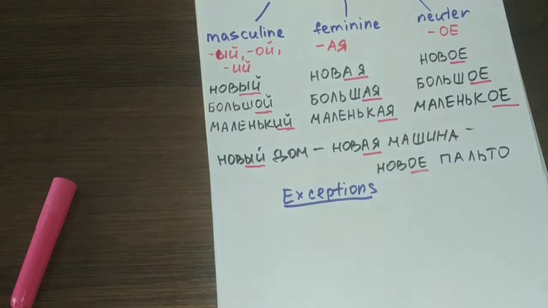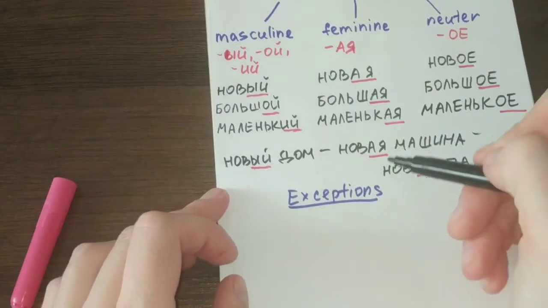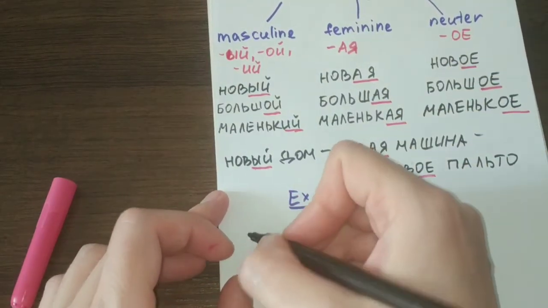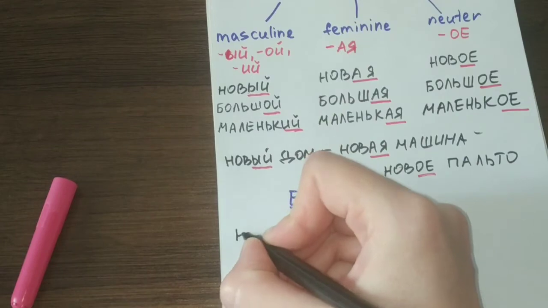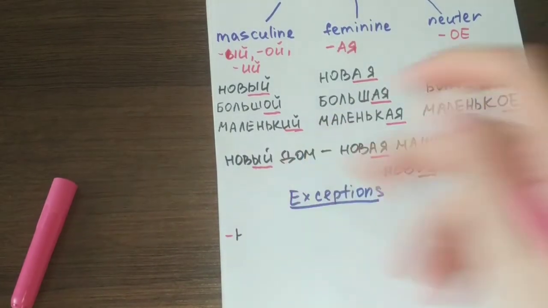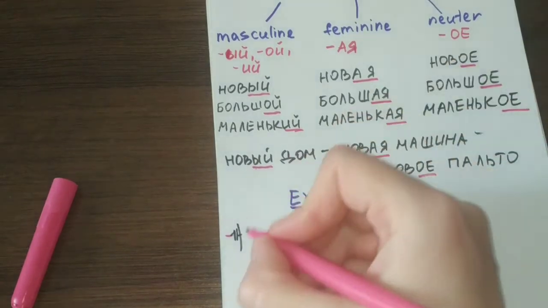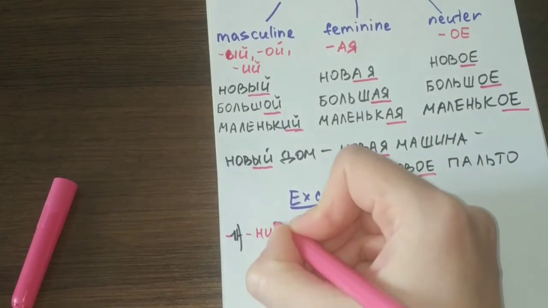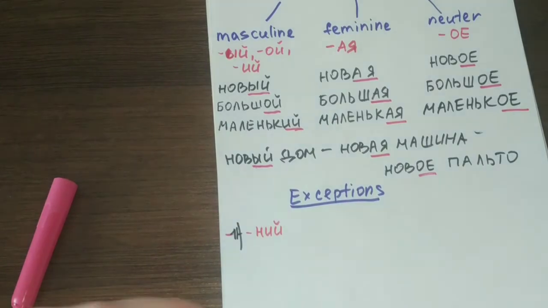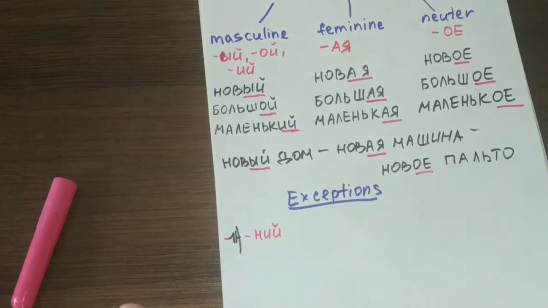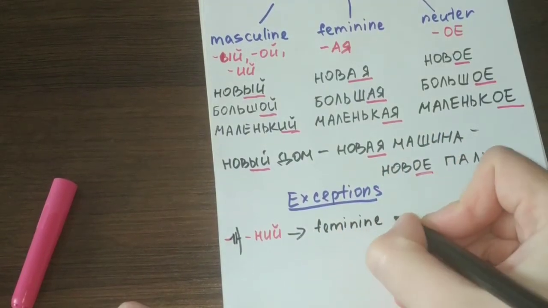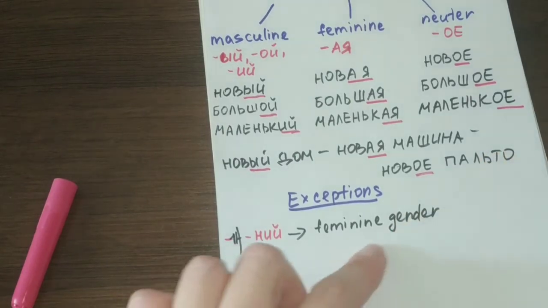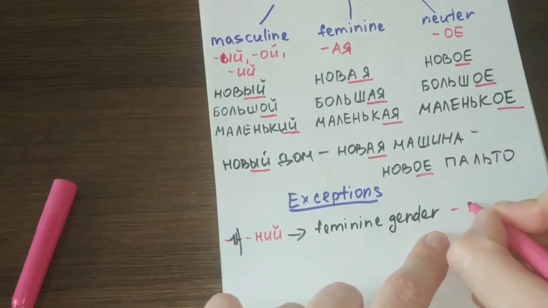So the first exception is concerning the feminine gender adjectives. If a masculine gender adjective is ending in ni, the feminine gender adjective is ending in ya.